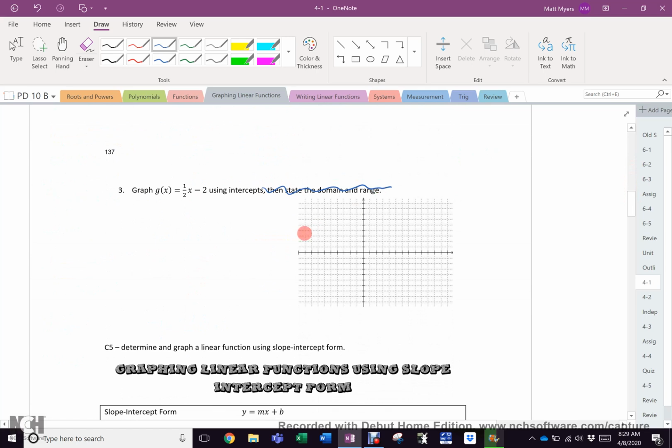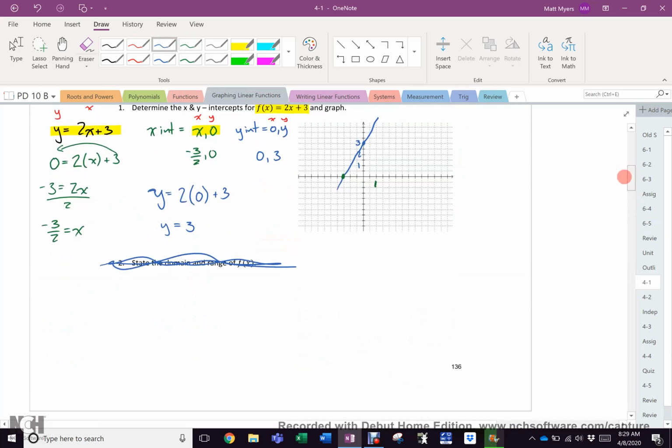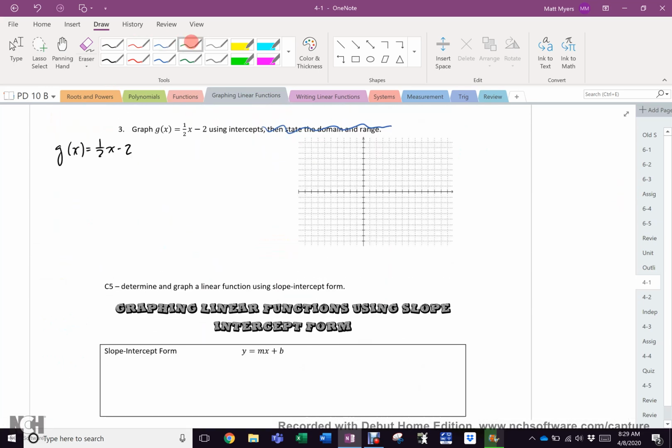So this is the exact same thing, but this time I'm going to use the function notation. G of x equals 1/2 x minus 2. Now I remember that I just want to keep the colors the same. My x-intercepts are green. My x-intercept is always x comma 0.